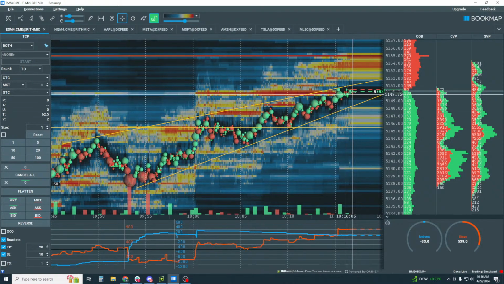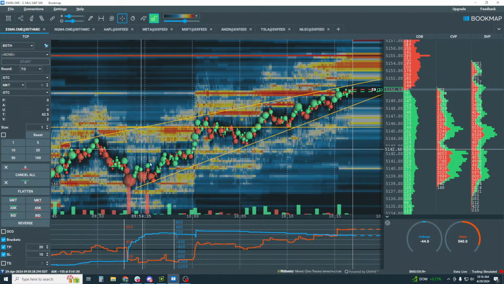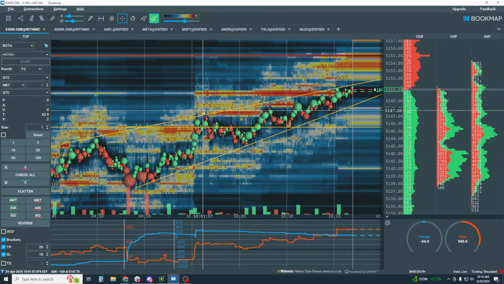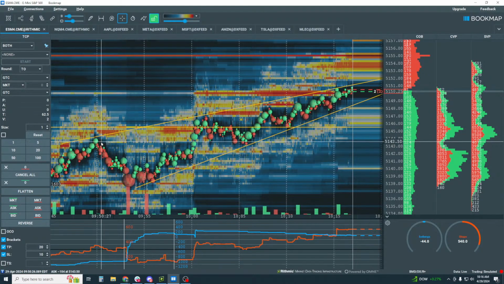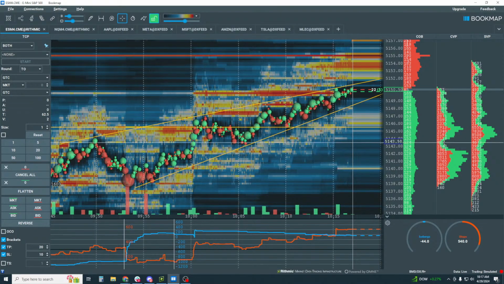You don't see this diagonal. Instead, you see some back and forth in here, and then boom, breakout, retest back to the top of this level, and it continued on up. And that's why you get this low volume node in here.